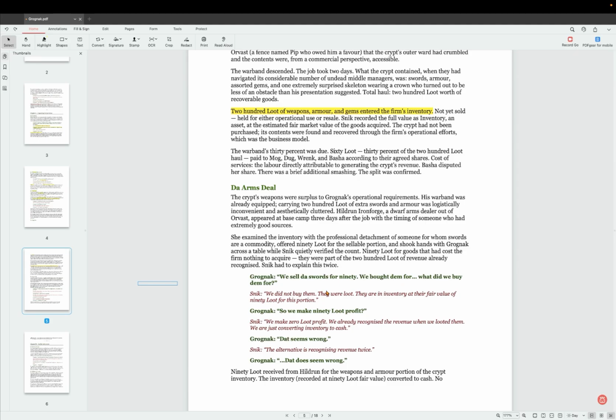Identifying the next transaction before recording it. So we're on the 8th transaction. After the crypt job, the firm recovered 200 loot worth of goods. According to the warband compensation agreement, the warband receives 30% of the loot generated from each job.